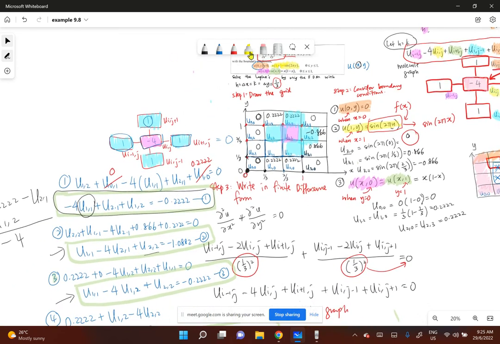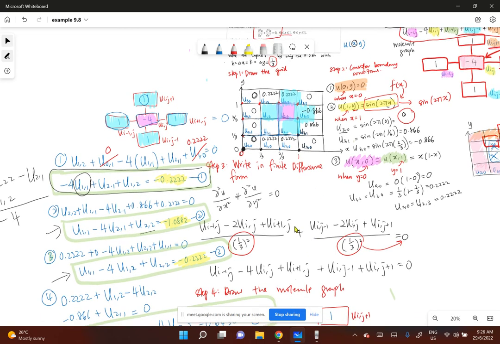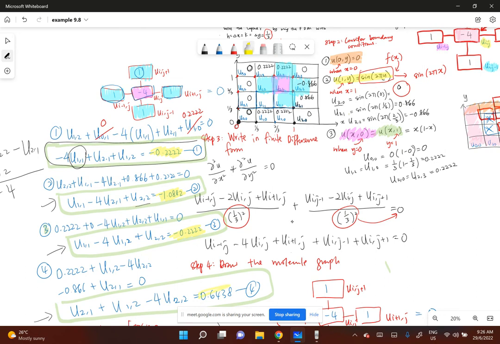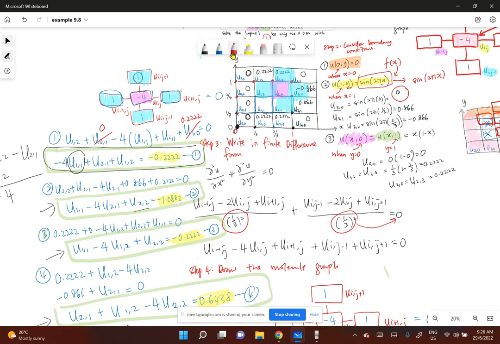That means the value of the right hand side will change. It is no longer like this, but the left hand side is all the same. Okay, so let's try. We try with this one.